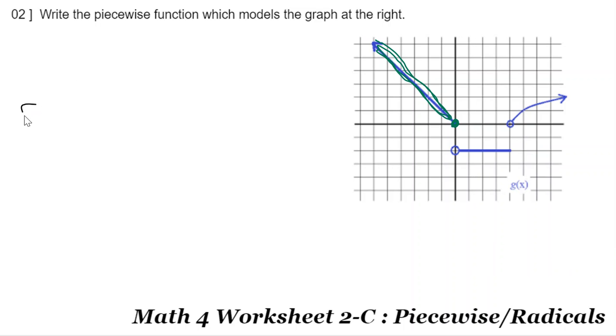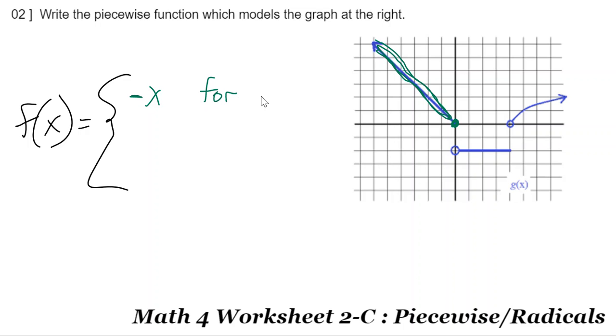So we're going to write our function notation, and then we're going to start with the first one and say this is negative x, negative 1x really, but negative x plus 0. We might as well just leave it as negative x. And this is for all x's that are less than or equal to 0. Since there's a dot, there was a dot down there. Well, considering that it wasn't an open circle, we'll assume that it's a dot.